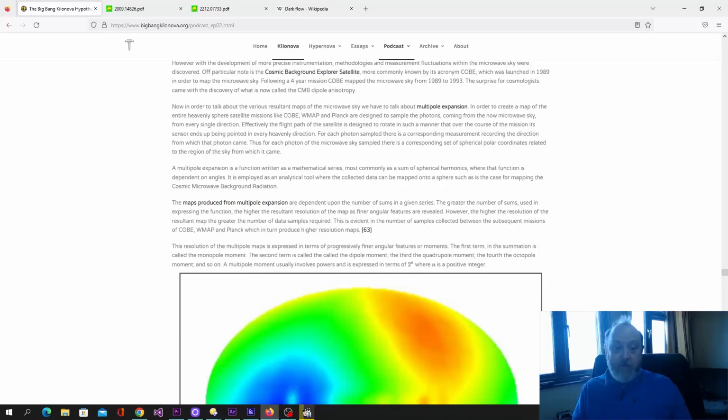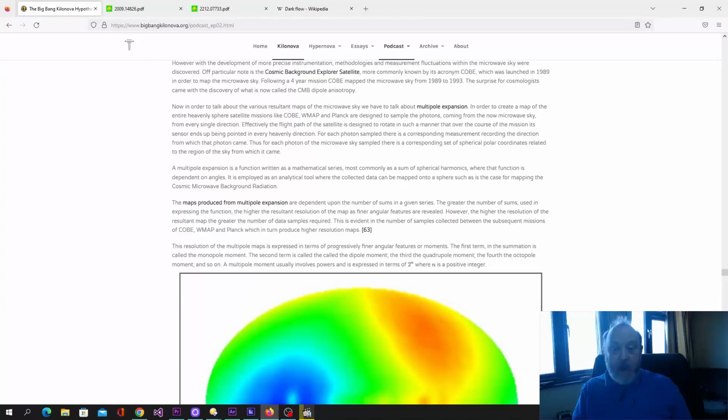The maps produced from multipole expansion are dependent upon the number of sums in a given series. The greater the number of sums used in expressing the function, the higher the resultant resolution of the map, as finer angular features are revealed.